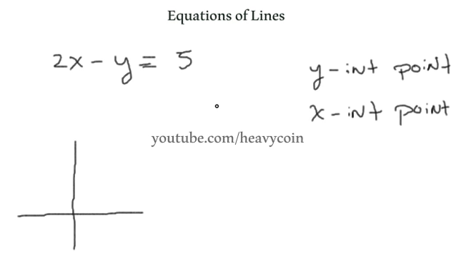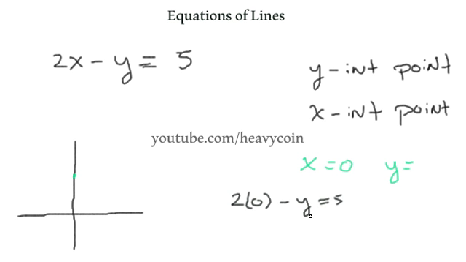Now the y-intercept point is where the graph crosses the y-axis, and that's when x is 0. And then we want to figure out, well, what is y going to be? That's easy to do, because we're going to take 0 and plug it into our equation. So we have 2 times 0 minus y is equal to 5.